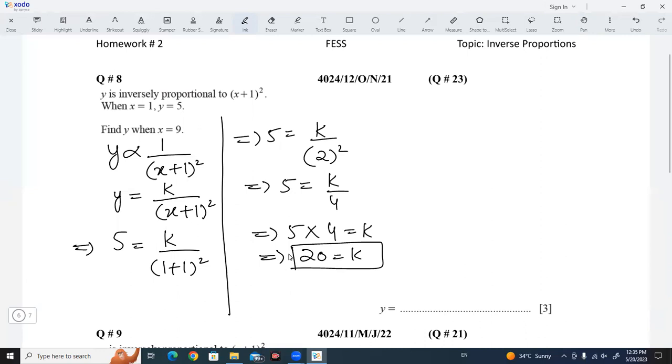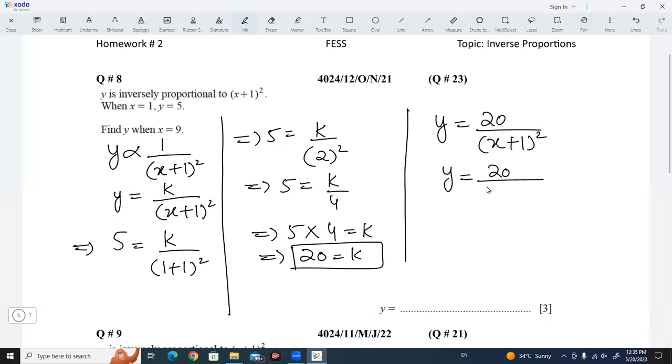So replace this value of k into the equation connecting x and y. It becomes y equals to 20 divided by x plus 1 whole squared. So what we have to do, we have to find y when x was given as 9. So y equals to 20 and replacing x with 9. 9 plus 1 is 10. So then you have to take the square after adding. Okay. So y equals to 20 over square of 10. What's the square of 10?